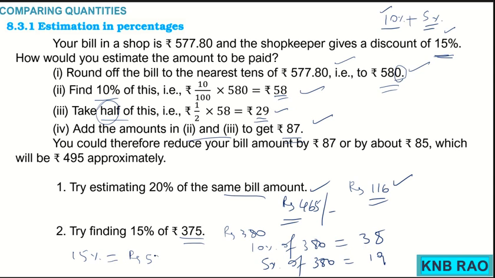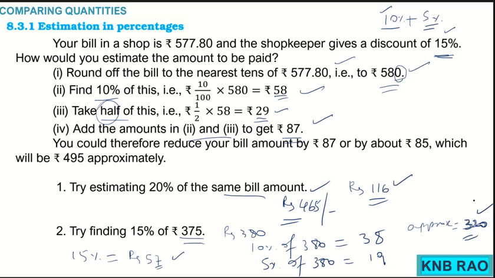So if I take out 55 rupees from this, then I'll get approximately 375 minus 55, so 320 rupees will be the approximate bill. So this is how we orally calculate.